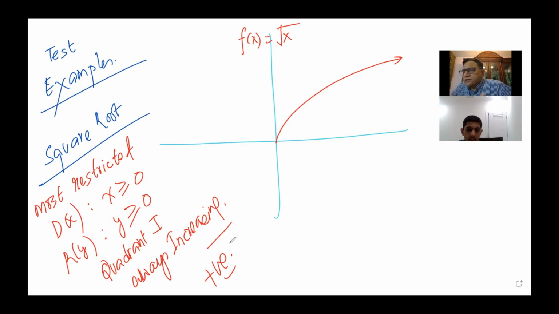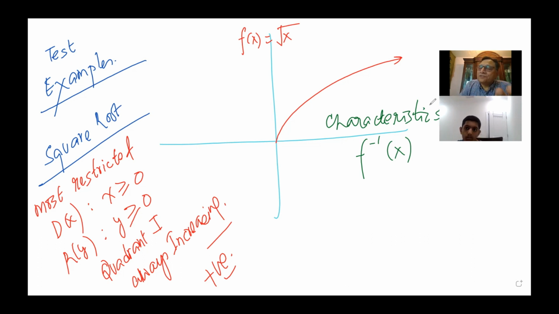Now, from these characteristics which we just figured out, if I'm trying to find inverse of this function, can you list the characteristics? Very important communication question from test point of view. So for a square root function, what are the characteristics of its inverse function?